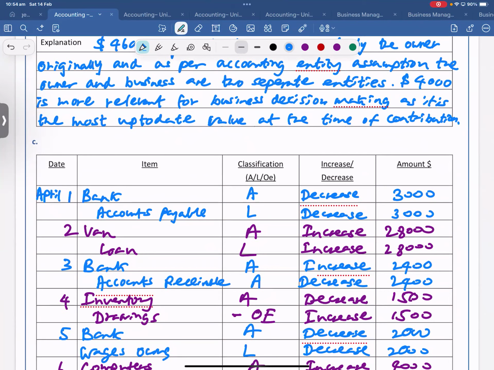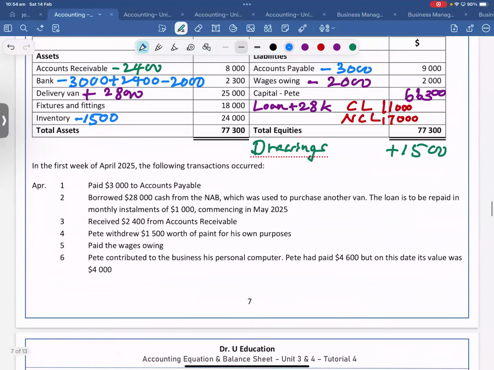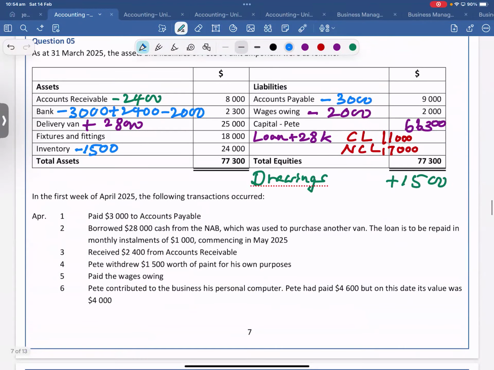The next one is the last one. Tell me what happens. You put it as an asset and list it at its most recent value, so 4,000.